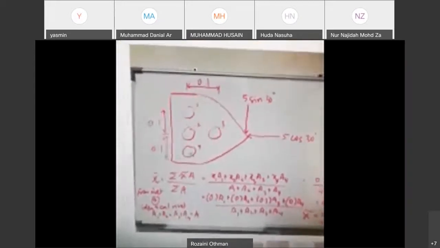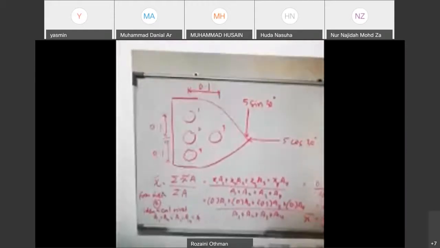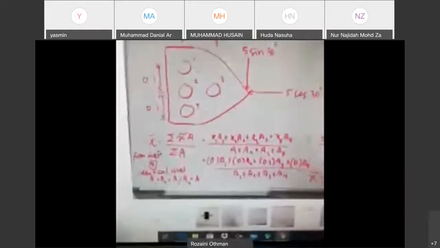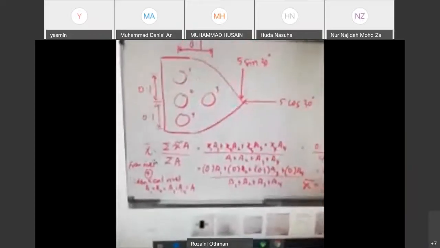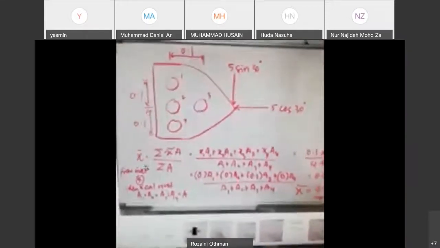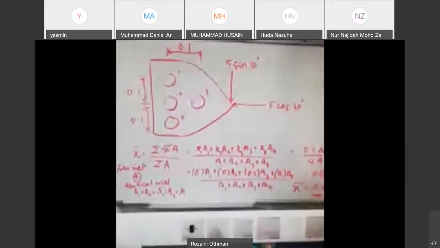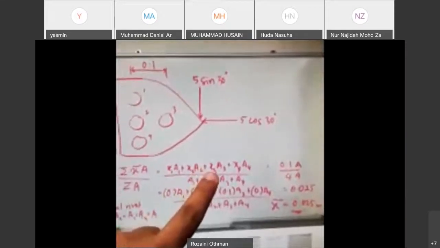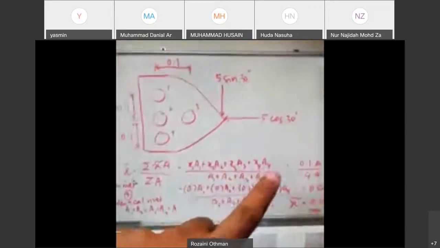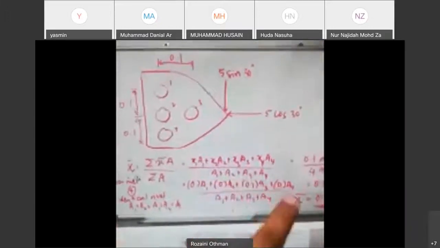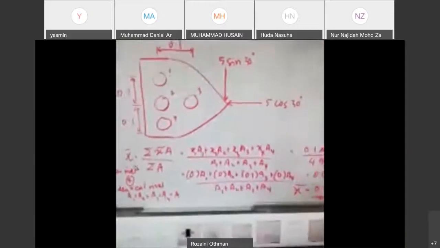So what we need to do is, first of all, we use this equation. X bar equals summation of X bar times A divided by summation of A. All right. So X bar is X1 A1 plus X2 A2 plus X3 A3, and then plus X4 A4 divided by A1 plus A2 plus A3 plus A4.